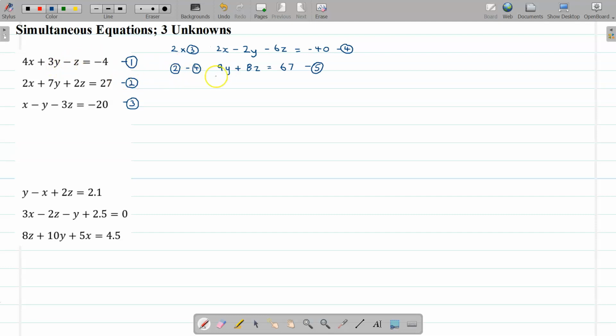So what I'm going to do is take equation 2 and multiply it by 2. So 2 times equation 2, that's going to give me 4x plus 14y. Okay, and I've also got 4z, and that's going to equal 54.